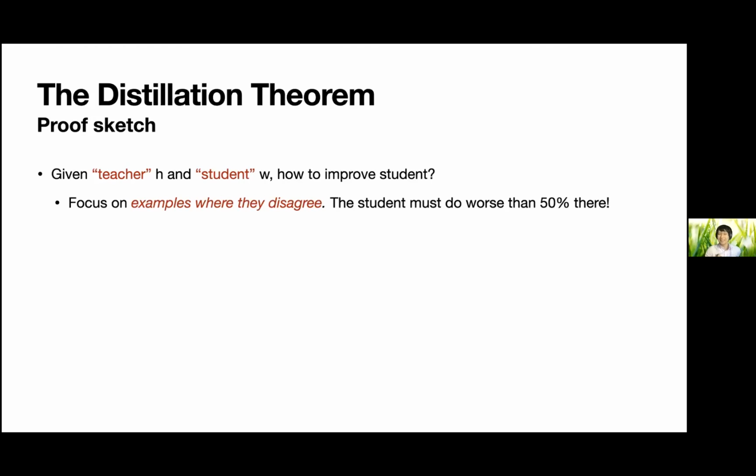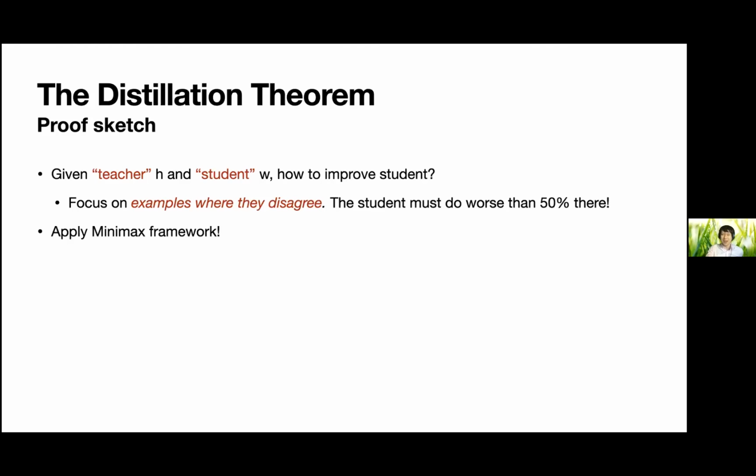Why is that? Because if you look at the set of points where the teacher and student agree, they have the same performance. So the difference in performance is entirely due to the examples where they disagree. And if the student got 51% accuracy on the set where they disagree, well, the teacher is outputting the opposite. That means the teacher would have 49% accuracy, so the teacher would actually be worse than the student. So on this disagreement set, the student has to be doing very badly.